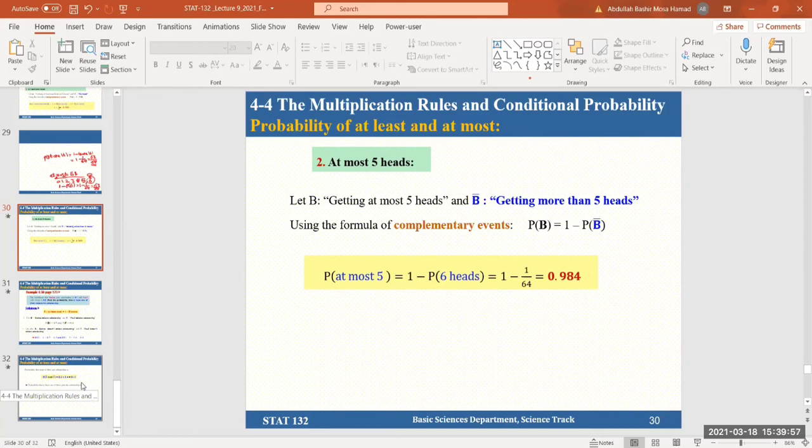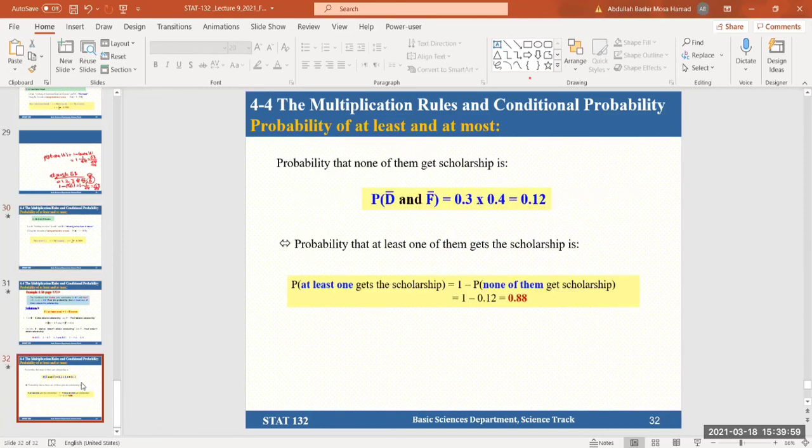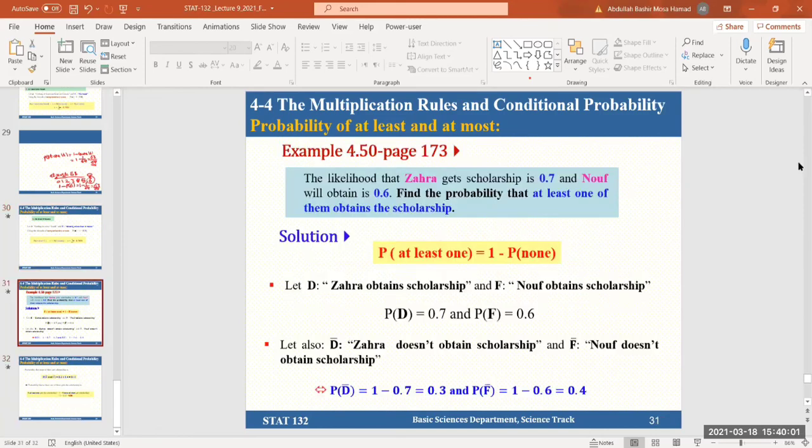Yes. Clear. So move to the last slides. Probability of Zahra getting a scholarship is 0.7. Probability of Nof getting a scholarship is 0.6. Find the probability that at least one of them obtains the scholarship. At least one of them. This question, at least, means the same concept of complement event.